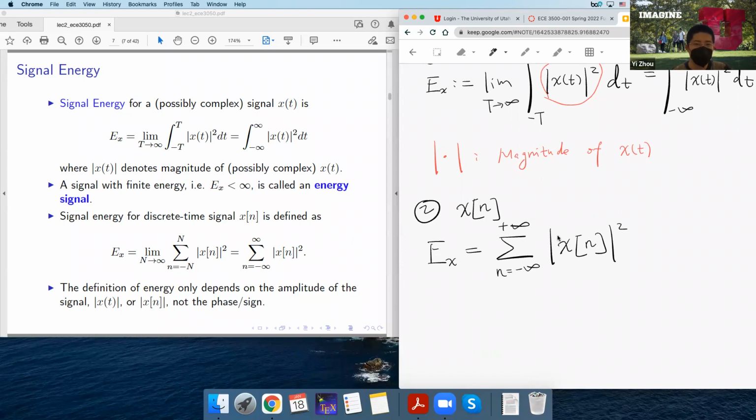Again, we are looking at the magnitude of this complex signal. So in order to compute the magnitude, you need to write it in either the Cartesian form or the polar form, depending on the specific signal that you are looking at.